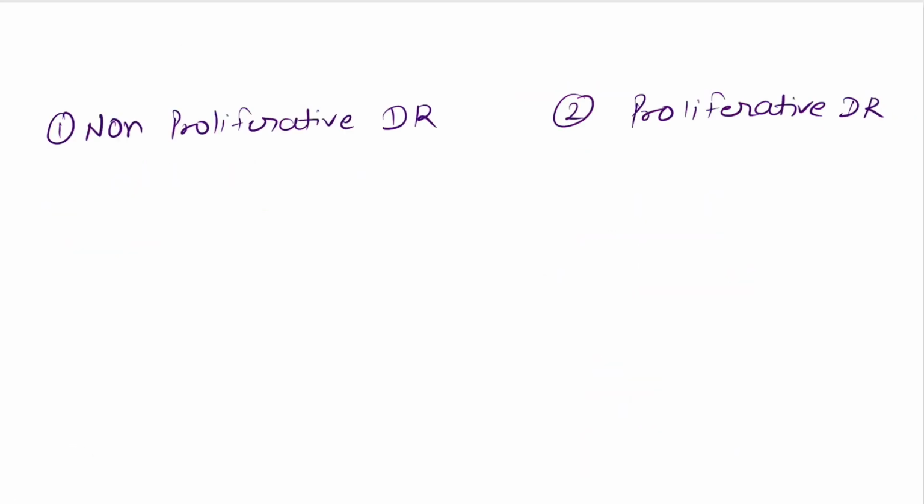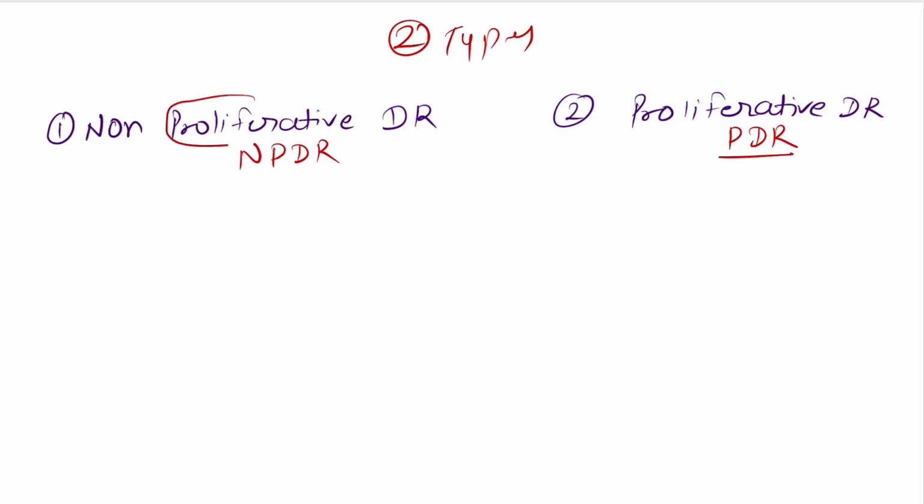There are two types of diabetic retinopathy. These are non-proliferative diabetic retinopathy and proliferative diabetic retinopathy. The NPDR and the PDR. In the NPDR, just one word you will remember: proliferative.